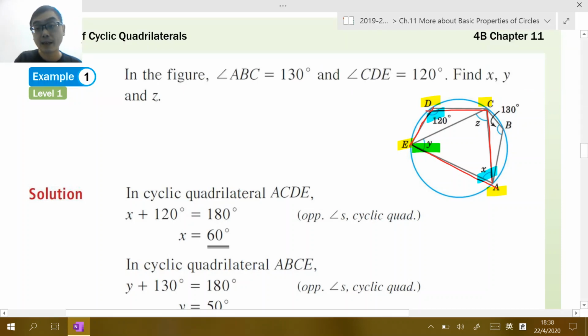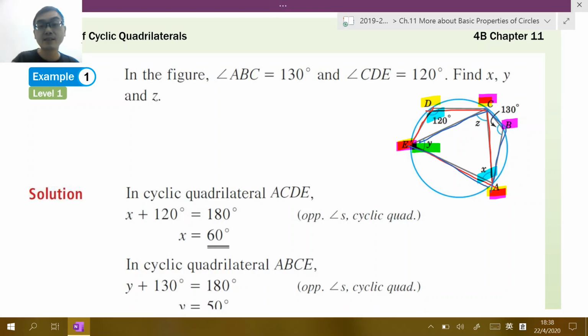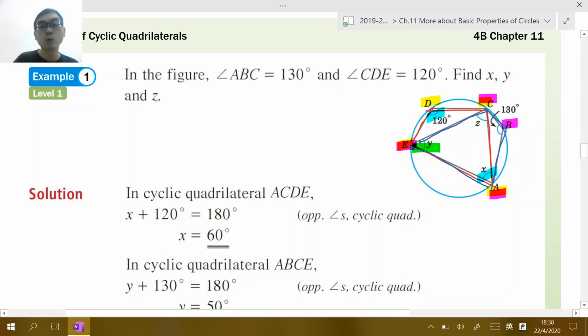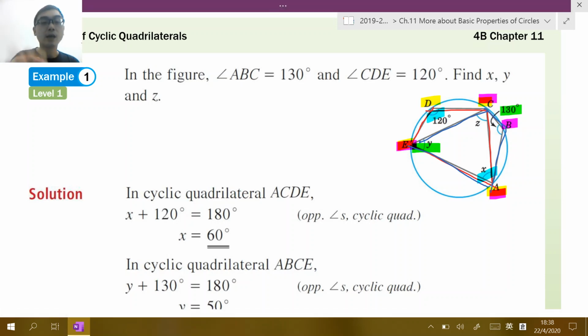For example, I take A, B, C, and E. Then you can form another cyclic quadrilateral, something like this. If I consider this cyclic quadrilateral, then this one is angle E exactly in this quadrilateral, not part of it, corresponding to the angle B, which is 130. So in this problem, we can have this.